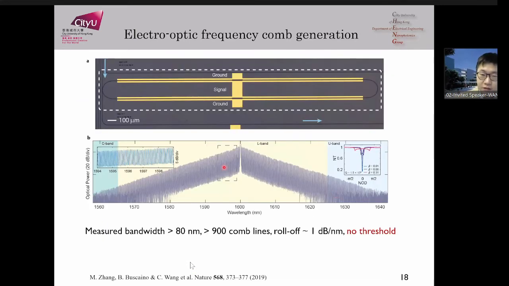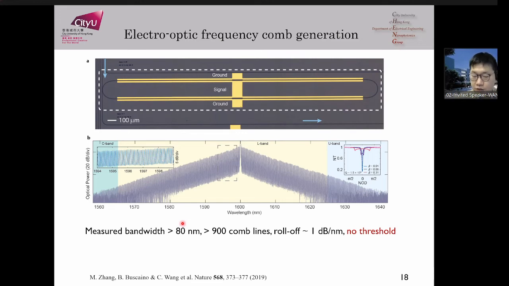Right? And we also did this experiment a few years ago, where you put in one input optical signal and turn the modulation signal on, and you can see this comb generation process is very efficient. The entire comb is generated with 900 comb lines spaced at 10 gigahertz and with an optical bandwidth of more than 80 nanometer.